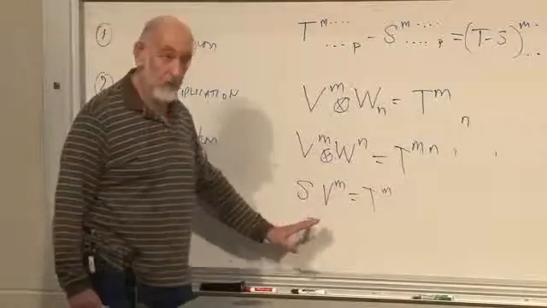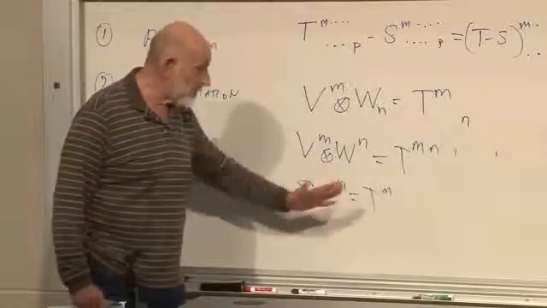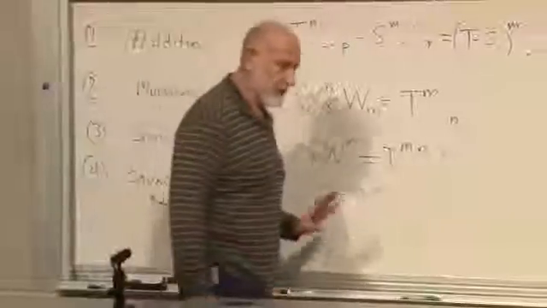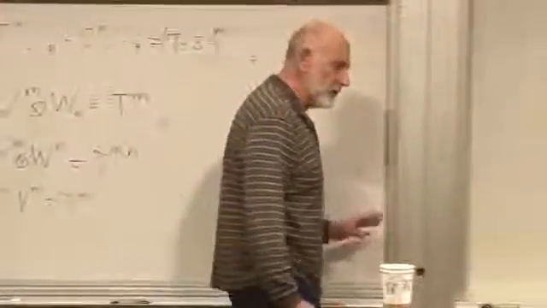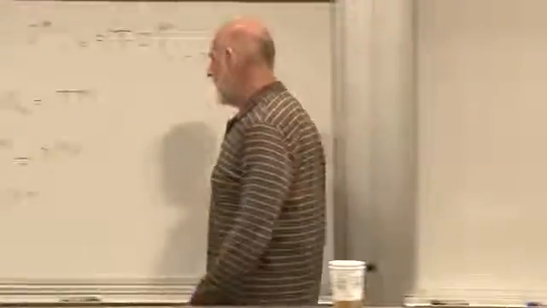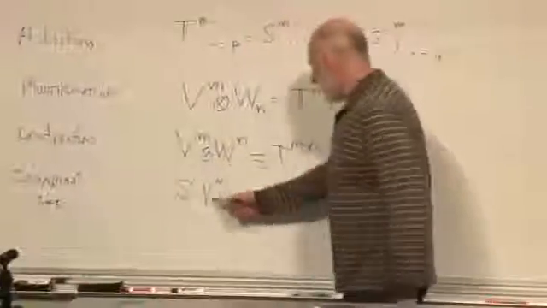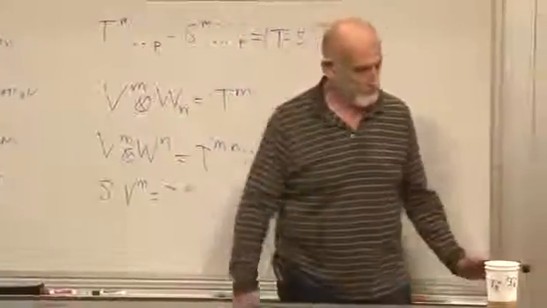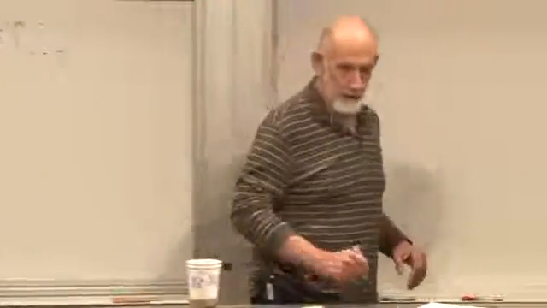Not the same tensor, it's multiplied by s, but of the same generic type, same number of indices in the same place. That's the only situation where when you multiply a tensor by some other tensor, you get back a tensor of the same type. Generally, you get back a tensor of higher rank with more indices, obviously.